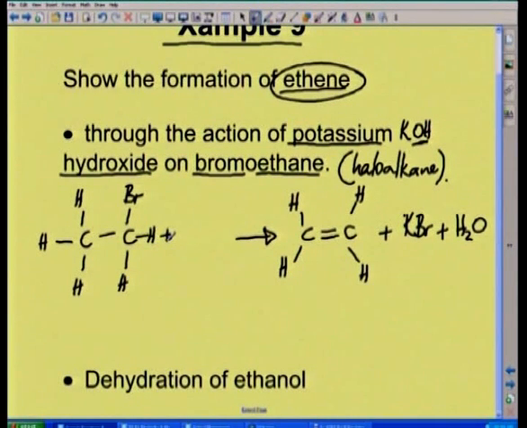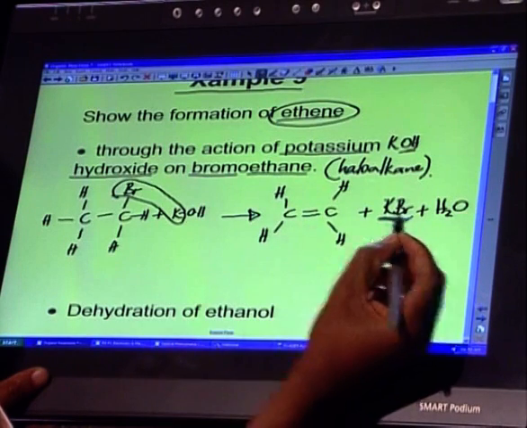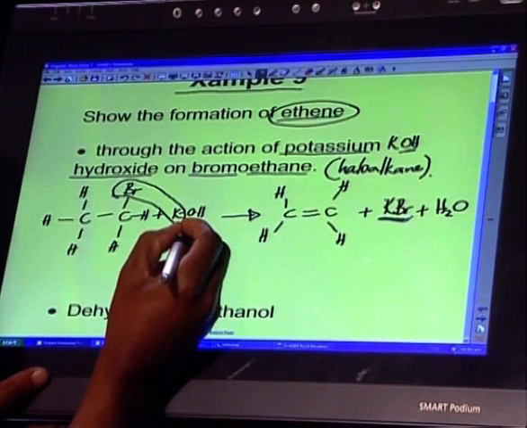So I've got that. This now reacts with KOH. Let me put that small bond there to show that this is happening. Now, what is going to happen here, I see that these come together, they form the potassium bromide. Okay? What am I left with here?